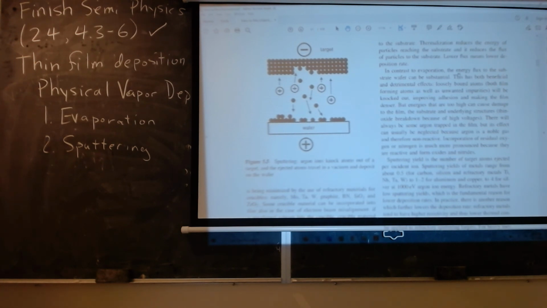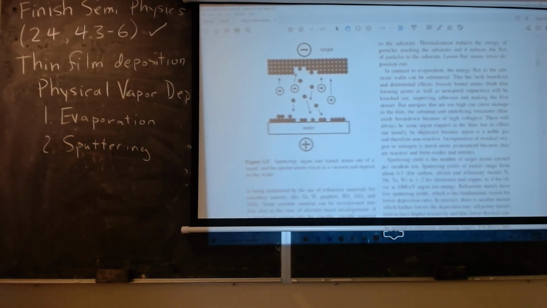But it's sort of said here, in sputtering, the film tends to adhere better and be denser.